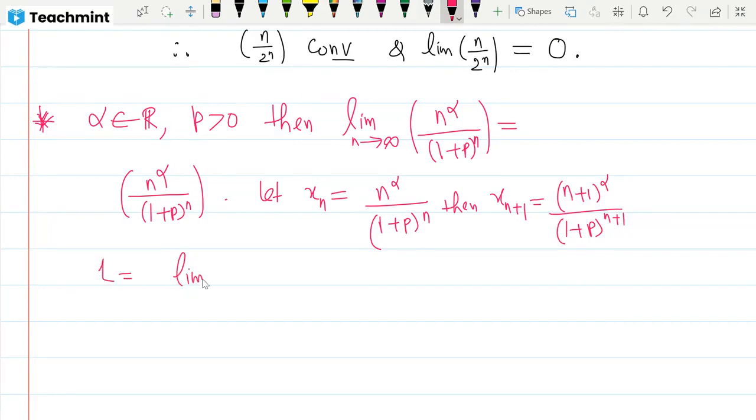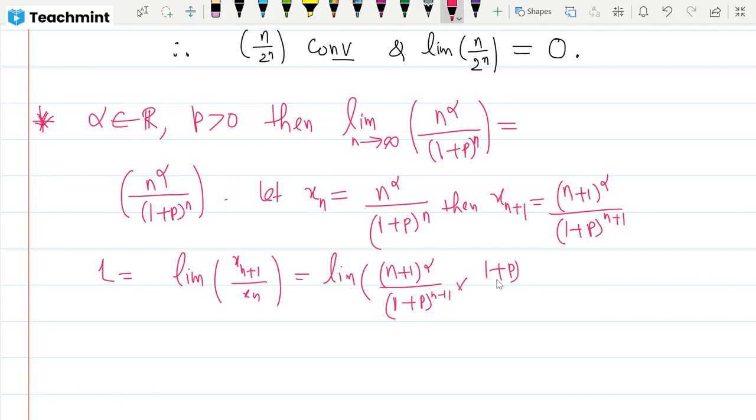Now you calculate the limit of xn plus 1 over xn. So what is this limit? It is (n plus 1) whole power alpha over (1 plus p) whole power n plus 1, into (1 plus p) whole power n over n power alpha.